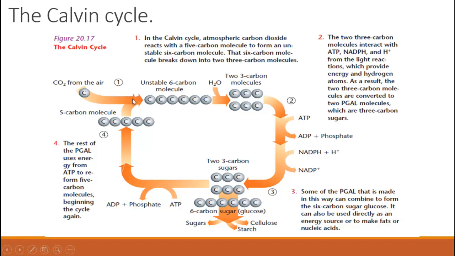Simple sugars such as glucose are produced. In the Calvin cycle, ATP turns back into ADP, adenosine diphosphate, and provides energy for a series of reactions. First, NADPH loses a hydrogen ion and becomes NADP plus again.